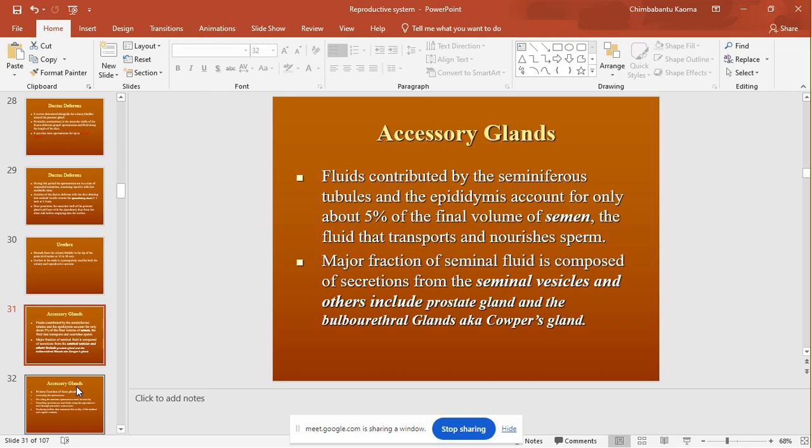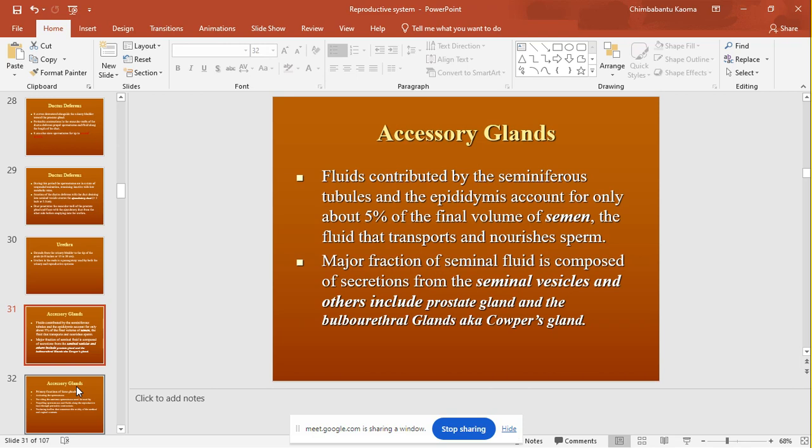The ejaculate is basically the volume, or shall we say, the material that is released after every sexual excitation, at the climax of sexual excitation, sometimes also referred to as semen. So what is produced from the testis only forms about 5% of the final volume. So where does the rest of the volume come from?